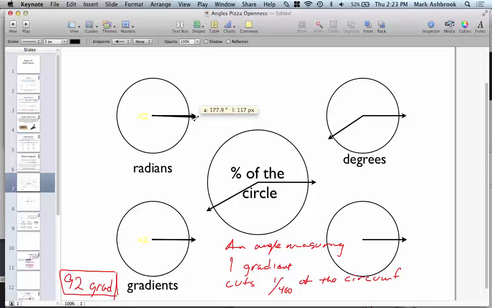First, estimate where you think the terminal side will land. Where do gradients come from? What are they used for? It's just another system. I don't know where they originated. But like degrees, it's just another system that just isn't as popular as degrees.